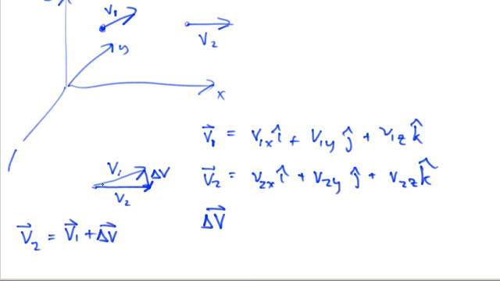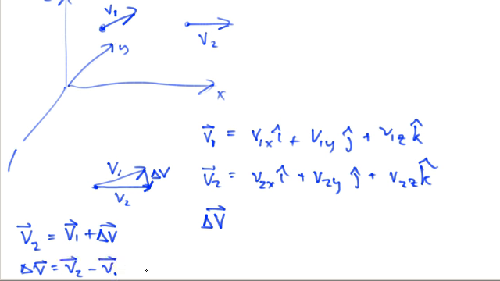When you add two vectors, you put them head to tail. Here's the head of v1 to the tail of delta v. So it's these two that are adding up, and then the summation vector goes from the tail of the first one all the way to the head of the second one. So this is the vector addition diagram, and if I solve that for delta v, I see delta v is v2 minus v1.